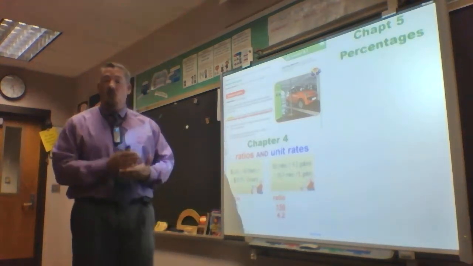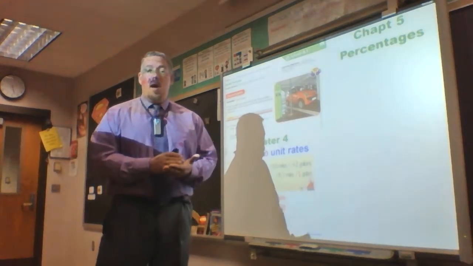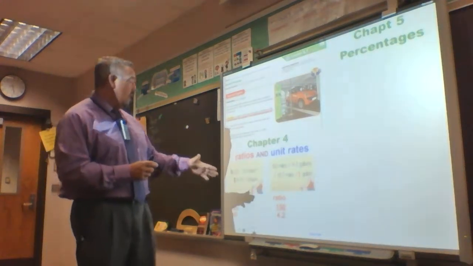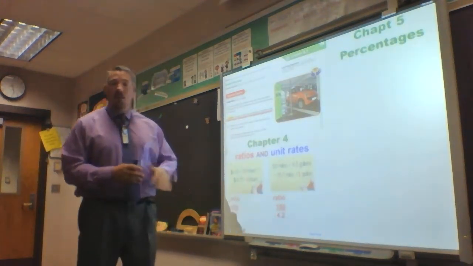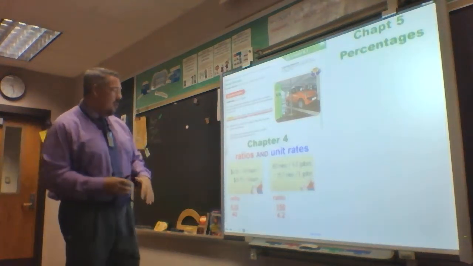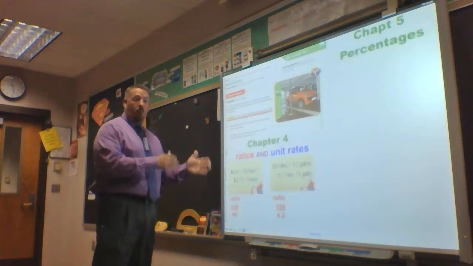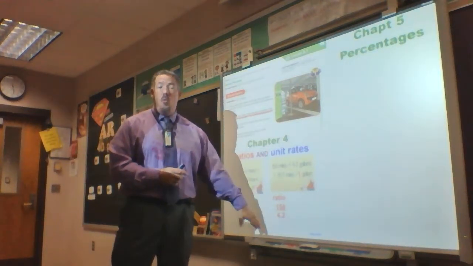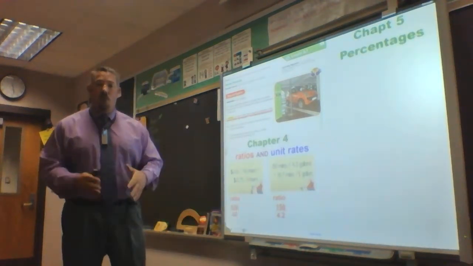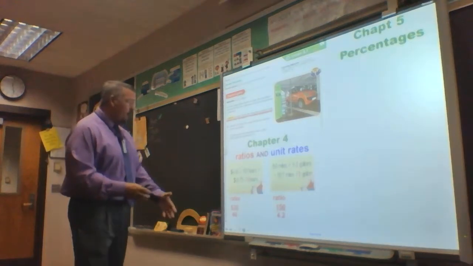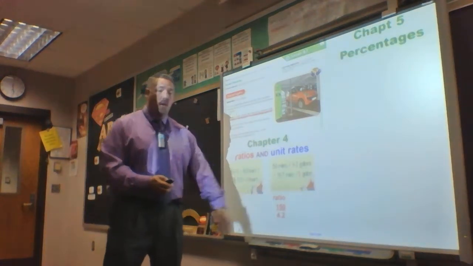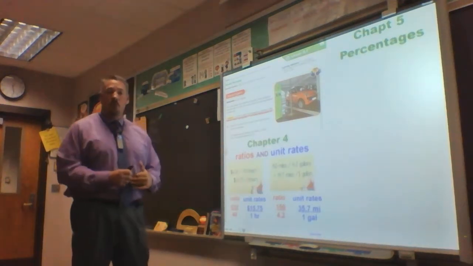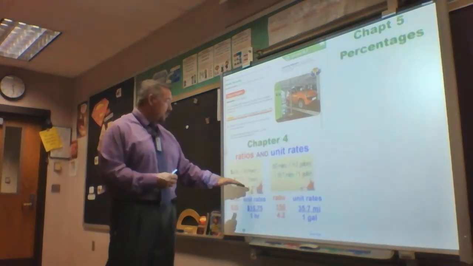So when we've talked about ratio and rates, we've also talked about how we can have an uncommon denominator when we compare things, and we have to figure out how to solve for those. We've talked about how we can have an improper fraction. Both of these are improper, but we also talked about how we could have one of ours having a decimal point in it. So in that ratio, we have a decimal point. In unit rates then, on these, they've reduced both of them down to where the denominator is 1.